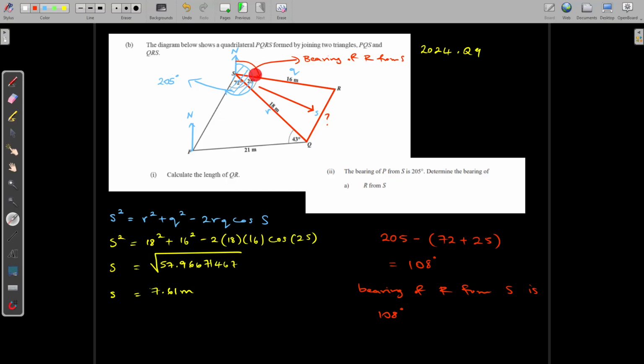So it's just this little piece at the top. We know that the entire thing is 205. This is 72, this is 25. If we add up both of these and subtract, we should be able to get this little piece at the top. Doing that, we ended up with 108. So the bearing of R from S, just this little piece up here, is 108 degrees. Get it?